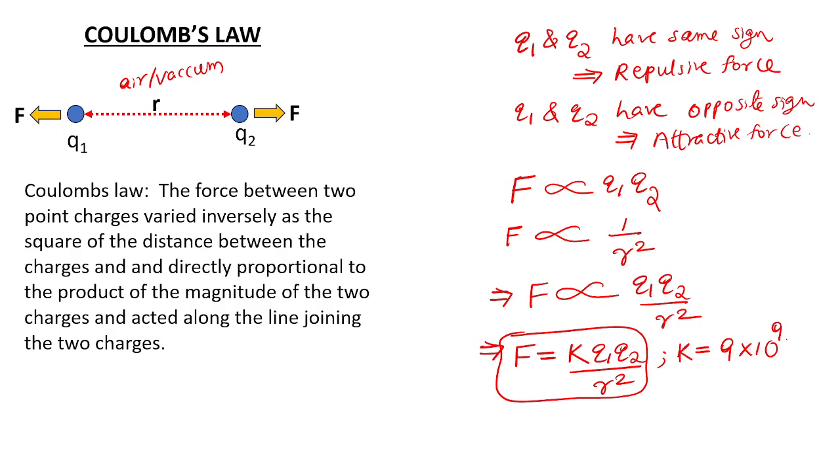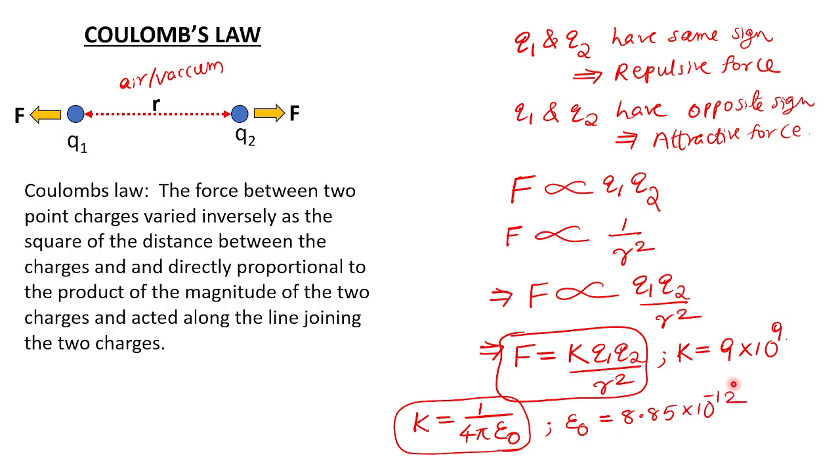Later, when I discuss Gauss's law, k is written in terms of another constant, like this, 1 by 4 pi epsilon 0, where epsilon 0 is a constant representing free space, representing vacuum. Its value you need to memorize, 8.85 into 10 raised to minus 12.